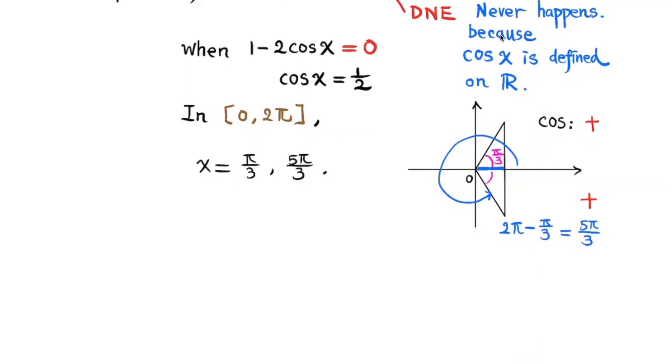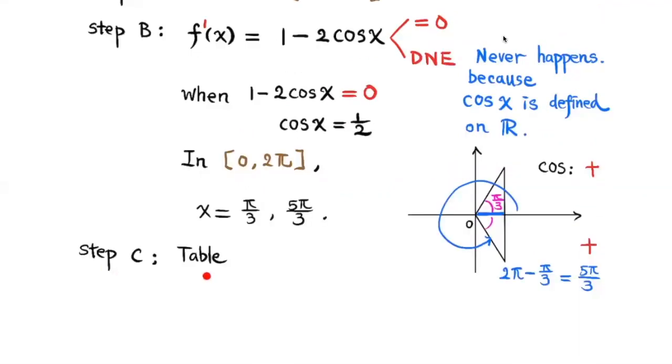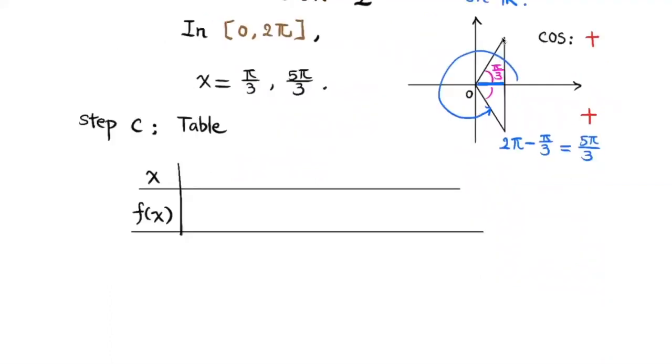So these two numbers are the critical numbers because they are in the domain of the function and they make the first derivative equal to 0. Step C is to make a table. It has 2 rows.